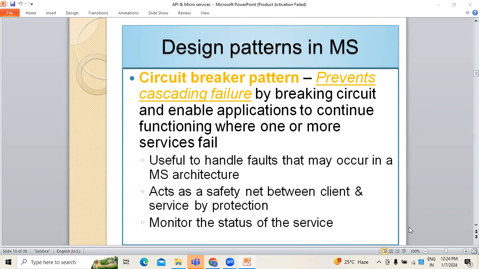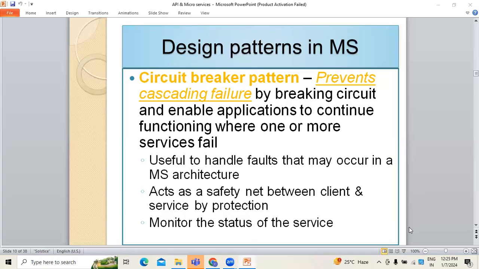We have to evaluate the performance of a particular service, so there shouldn't be any chance of a communication gap. So this is what the circuit breaker pattern is all about.